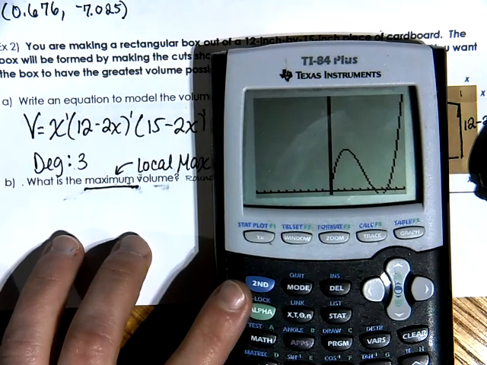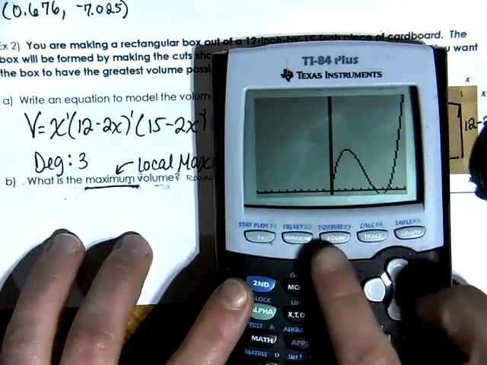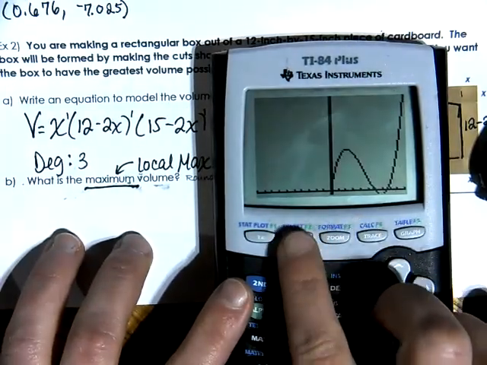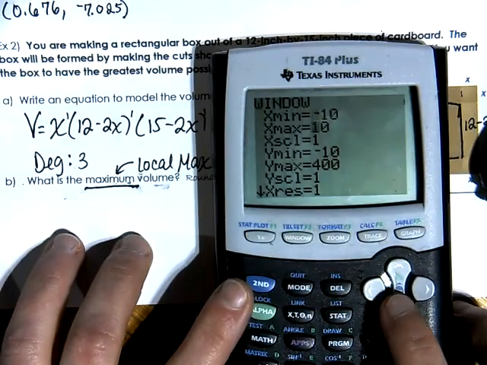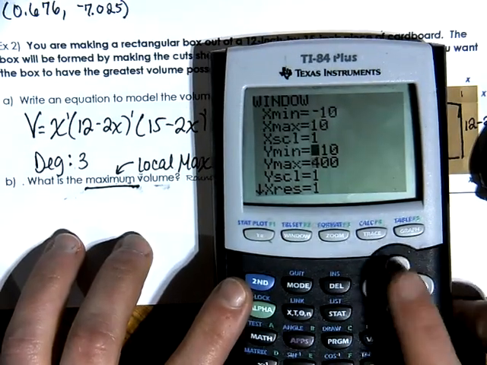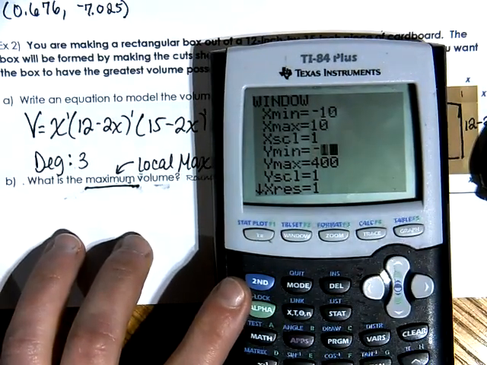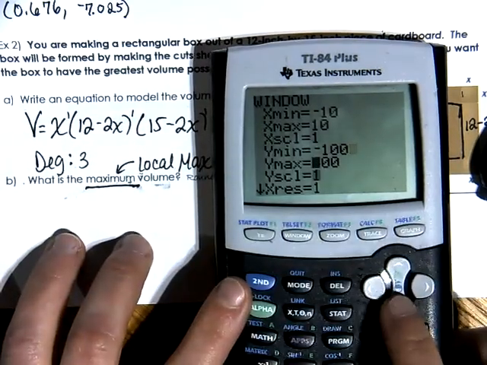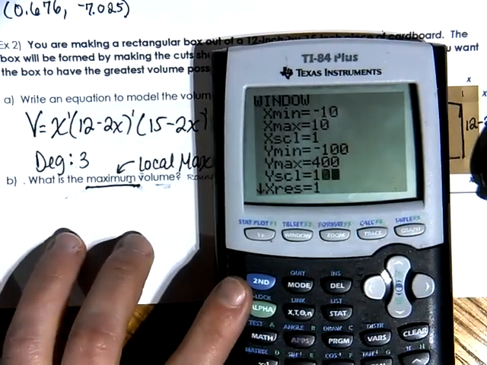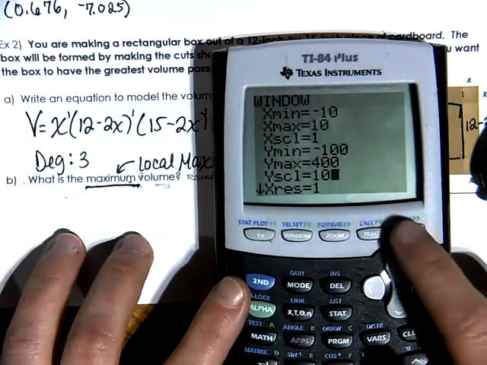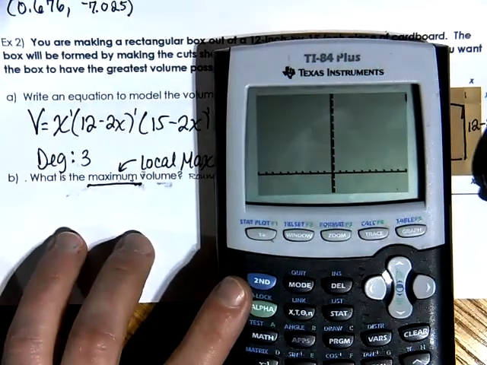Okay, so I can see a lot more of what's going on if I make the maximum 400. So I wonder what would happen if I adjusted my window again and made my Y minimum -100, just to see if that would help. And then make my scale go by tens to see if that expands out my shape.